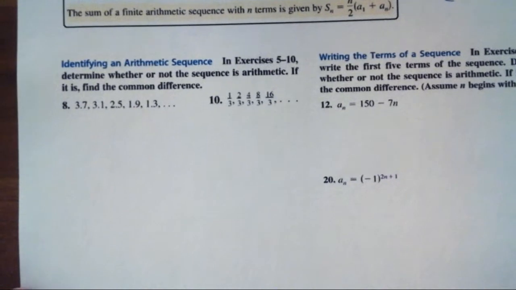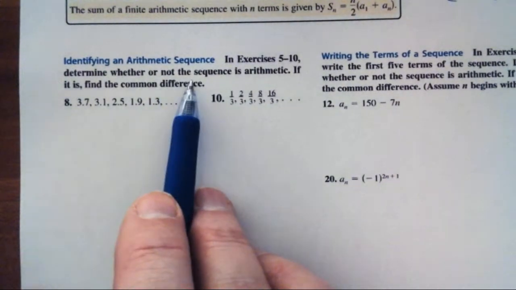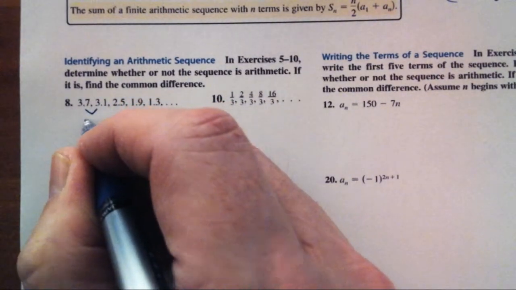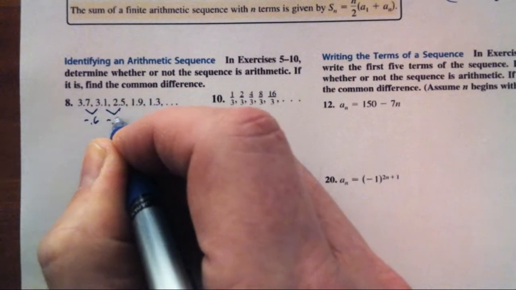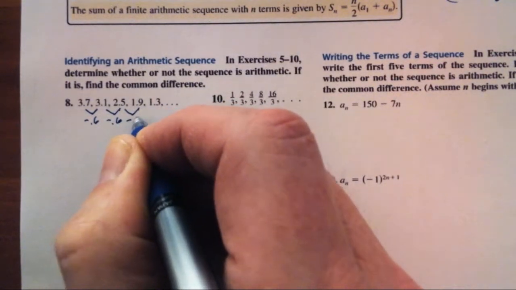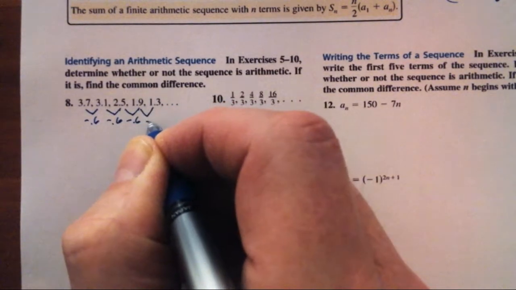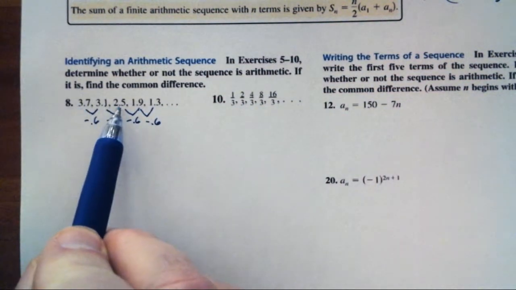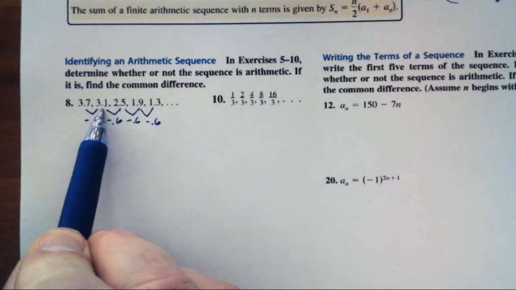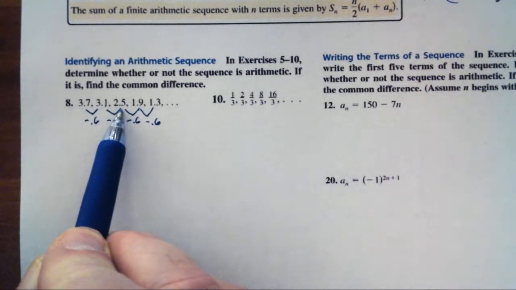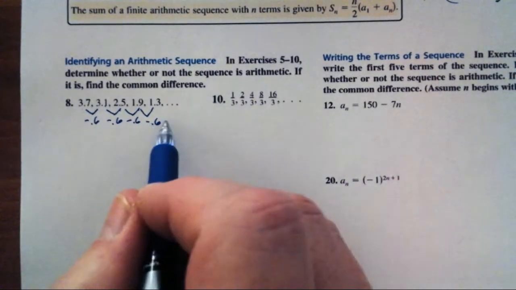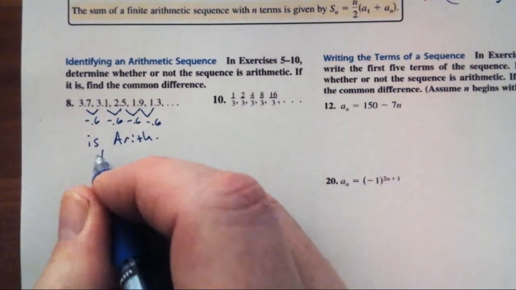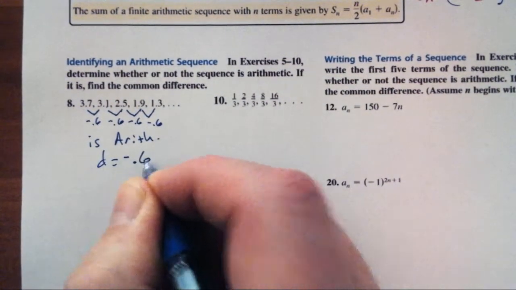All right, let's take a look at some applications of determining whether or not the sequence is arithmetic. Well, this sequence goes down 0.6, down 0.6, down 0.6, down 0.6. You can get that by taking 3.1 minus 3.7, 2.5 minus 3.1, 1.9 minus 2.5, etc. Therefore, this sequence is arithmetic, and the difference is negative 0.6.